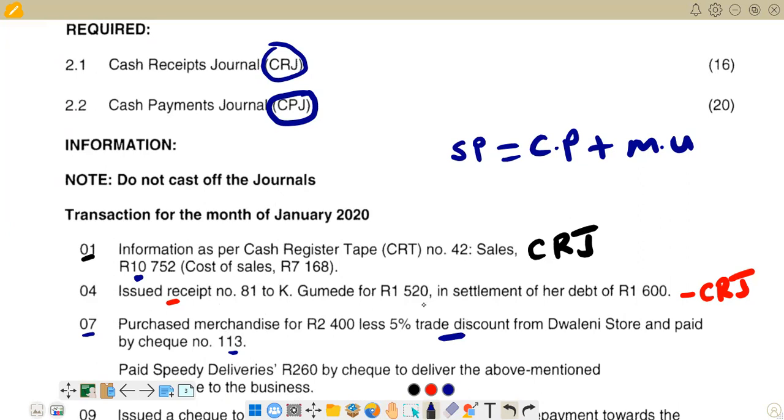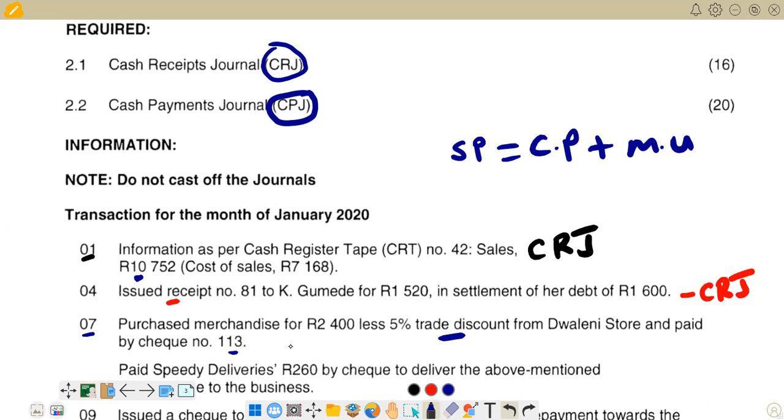This is trade discount, and we should know that trade discount is not shown in the books of account. So what does it mean? We are going to calculate the trade discount there, 5% of 2,400, and we subtract that amount. And that amount will not be shown in the books of account.